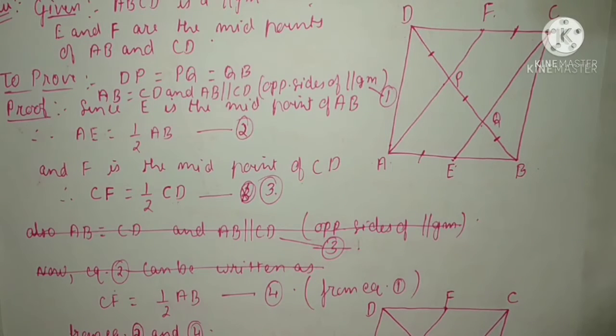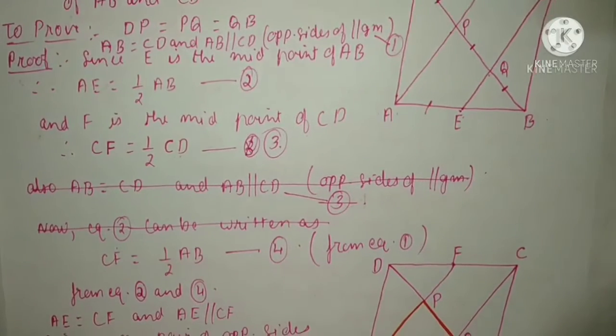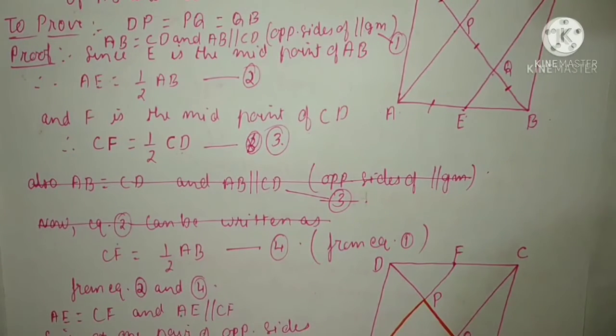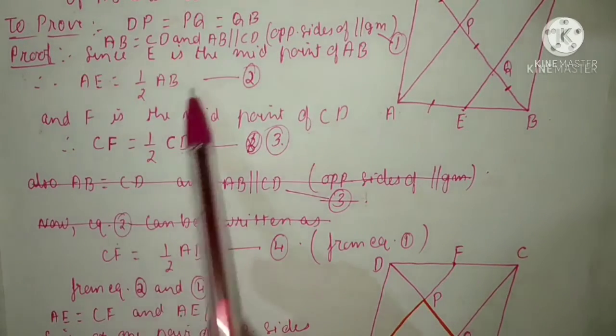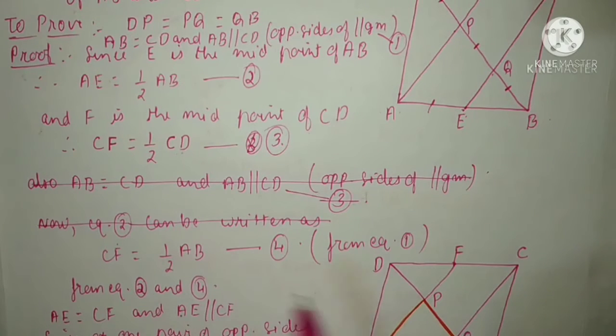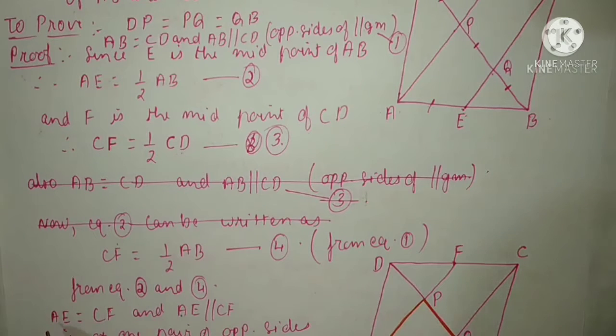Now from equation number 2 and equation number 4, see what is equation number 2, AE equals half AB, and what is equation number 4, CF equals half AB. Both are equal to half AB, that means they are also equal. So from equation number 2 and 4 we can say that AE is equal to CF and AE is parallel to CF.